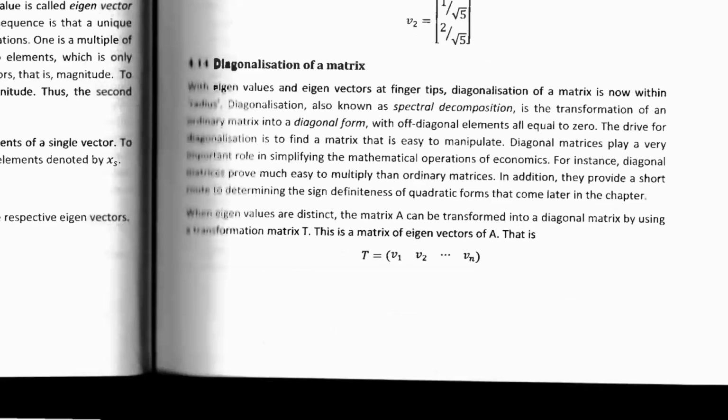Now, they play an important role in simplifying some mathematical operations in economics. We will use these as we move on. You will see the application of them a little bit later on. But as for now, we want to teach you how to diagonalize a matrix, okay?